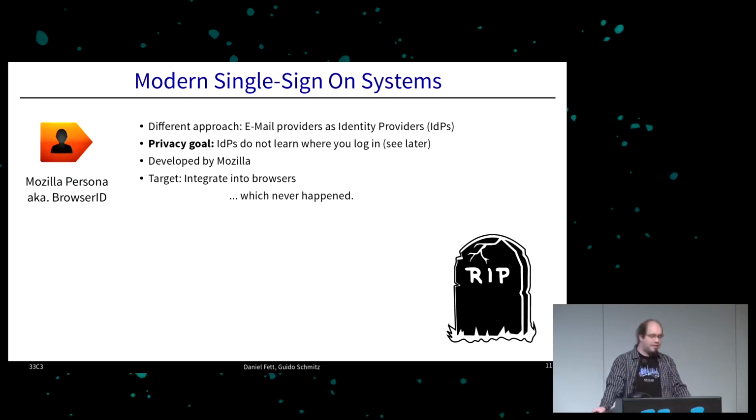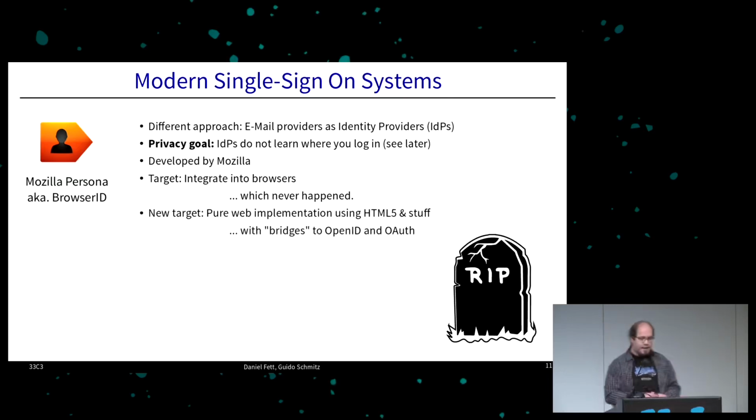And Mozilla Persona is the first single sign-on system with the goal of some kind of privacy, in the sense that the identity provider does not learn where you use your accounts. We will talk about this also later in this talk. It was developed by Mozilla, and the first idea was to integrate this protocol in the browsers, which never happened. So they went for a pure web implementation using just HTML5.